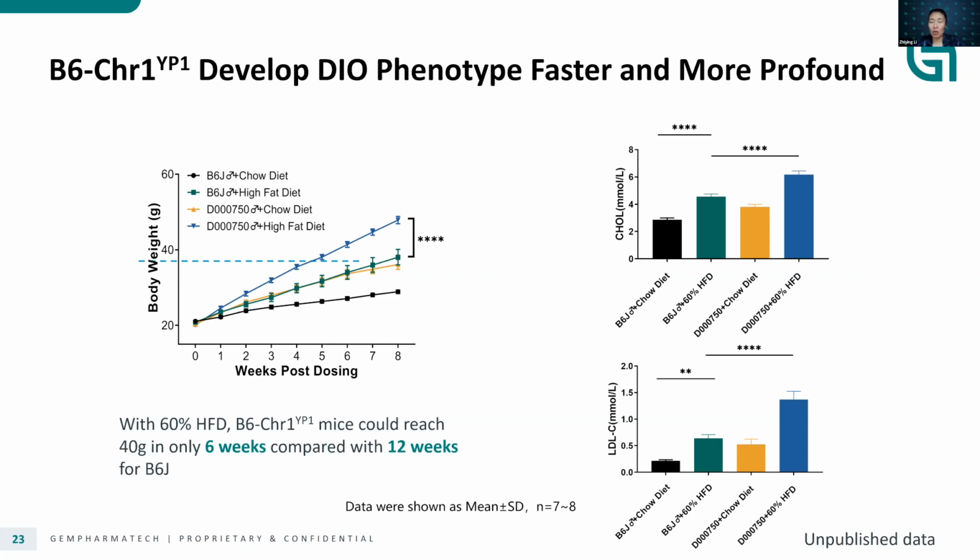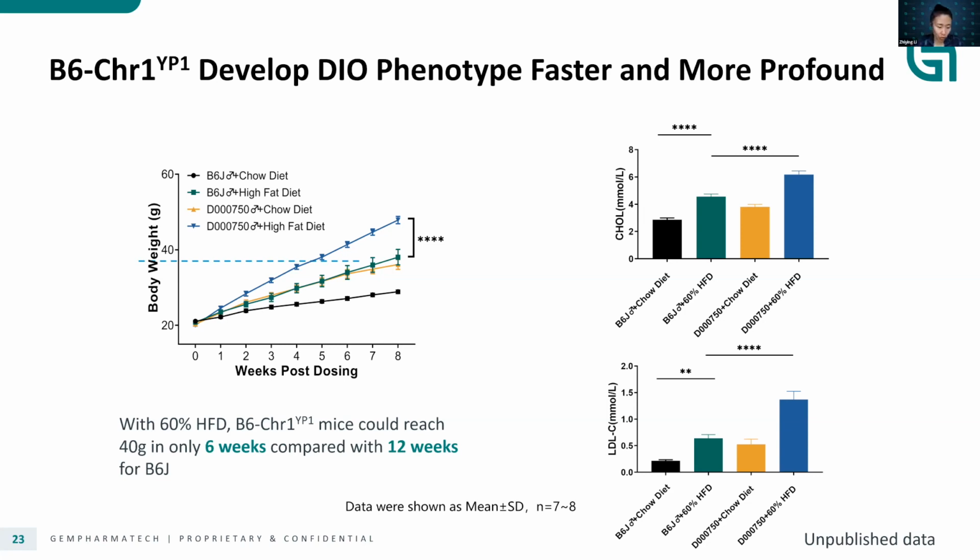At the same time, we did want to take advantage of their accelerated body weight increase, accompanied by other changes in their metabolic parameters, to see how these mice can help us in studying obesity-related metabolic syndrome, for example, NASH, obesity, diabetes, hyperglycemia, and so forth.